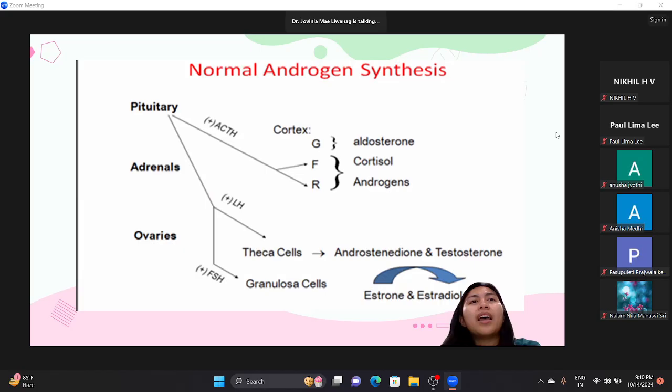We also have the theca cells, which produce androstenedione and testosterone. For the ovaries, the granulosa cells convert estrone and estradiol.